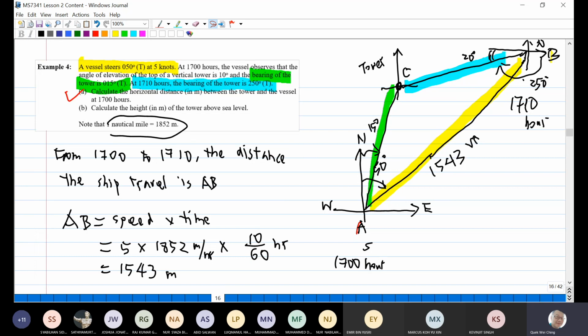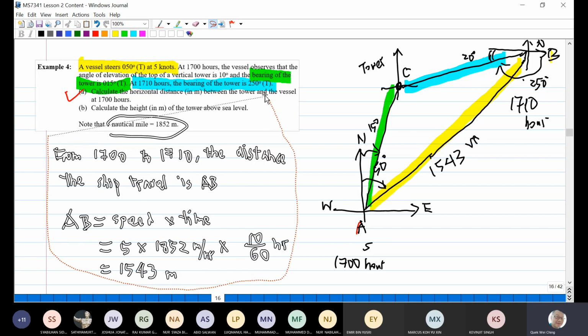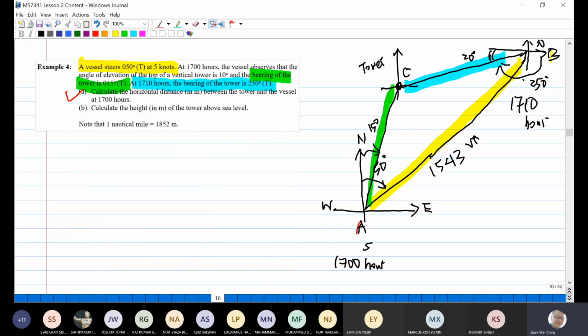So let me continue before I move on with the question. So what information do you know about this? First of all, what is this angle? You can find out.